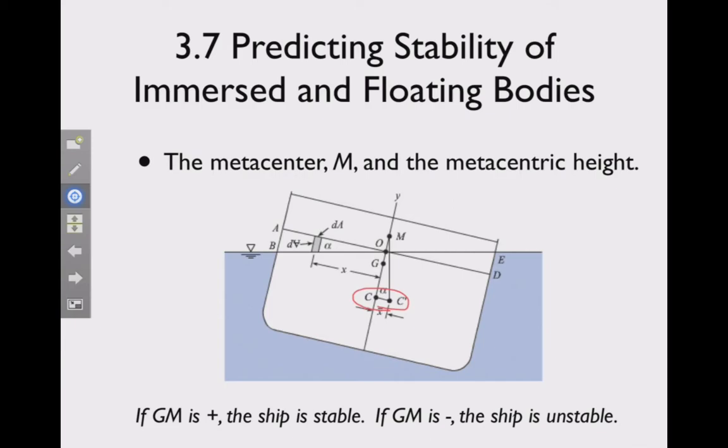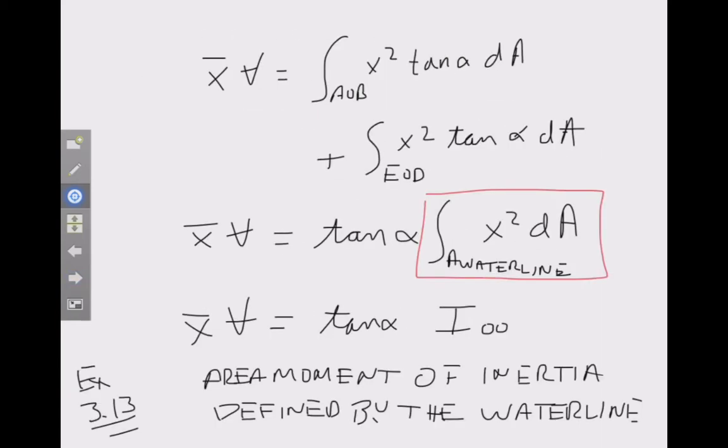So that was our first equation that said CC prime, this side, was equal to tan alpha times CM. The second thing wasn't even a trigonometric identity, it was just a distance relationship that said GM is equal to CM minus CG. Those are just some simple relationships that we can get from this figure.